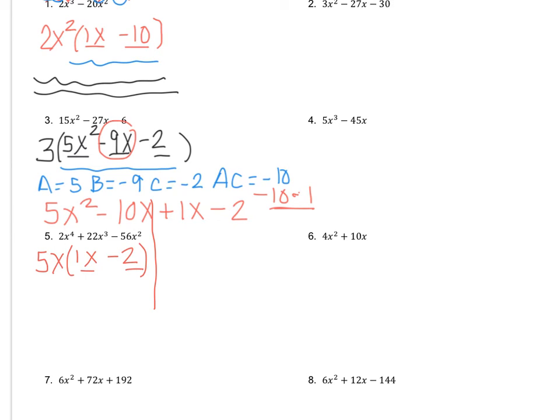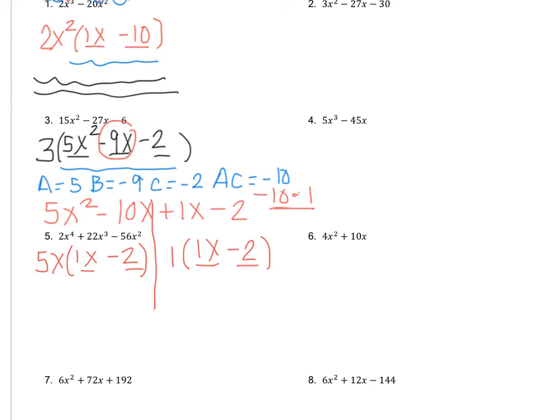Do I have a greatest common factor of 1 and negative 2? Well, it would be 1. I have two spots to fill. So I'm going to put them there. 1 divided by 1 is 1x. Negative 2 divided by 1 is negative 2.